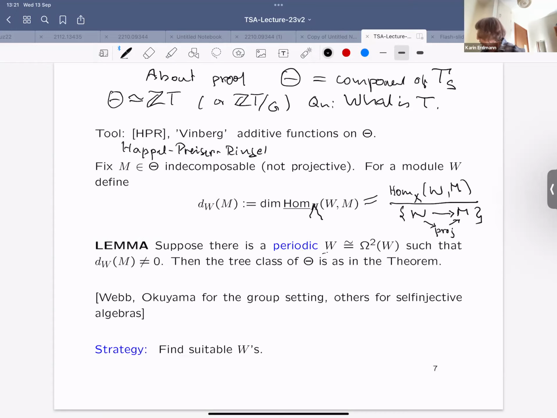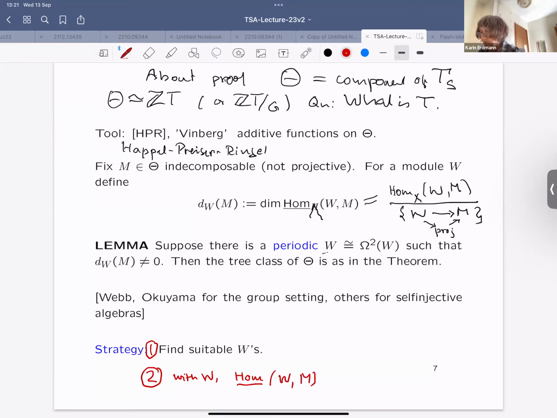So what you have to do is, the first thing is you have to find a suitable W. And then the second step, which works in this case here, if you have a W, we have to analyze stable homomorphisms of W with this module, of course.